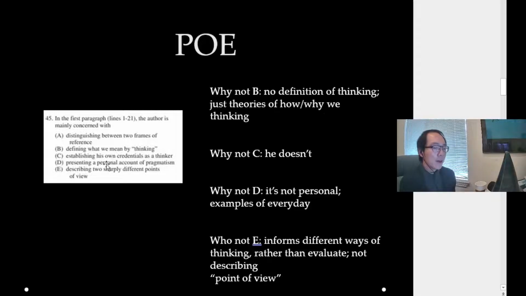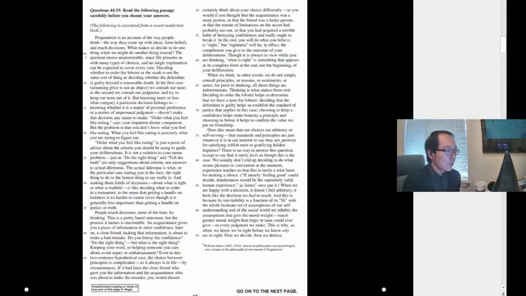So first paragraph, author's concerned with B, defining what we mean by thinking. Not really. He's not really defining that, right? If we go back to the first paragraph, in this entire first section, all he's really doing is talking, through example, about this whole lobster and steak thing, right?